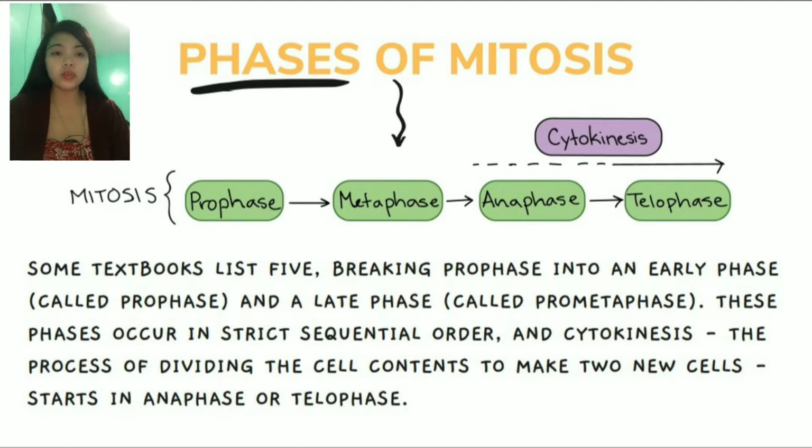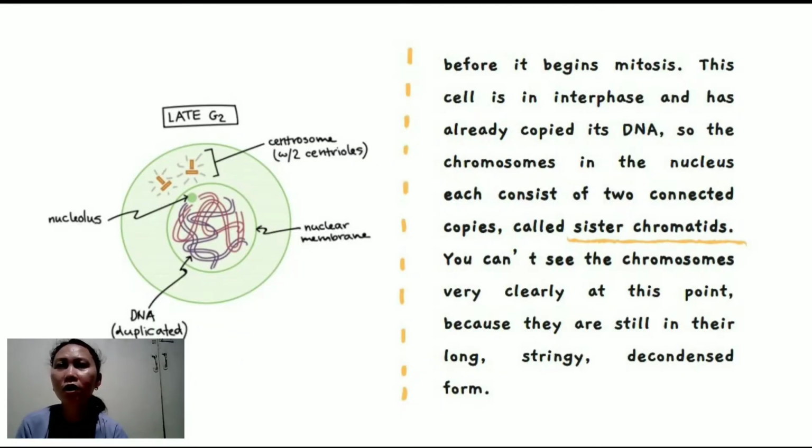These phases occur in strict sequential order, followed by cytokinesis, or the process of dividing cell contents to make 2 new cells, which starts in anaphase or telophase. In G2, the cell grows to double size and prepares for division.